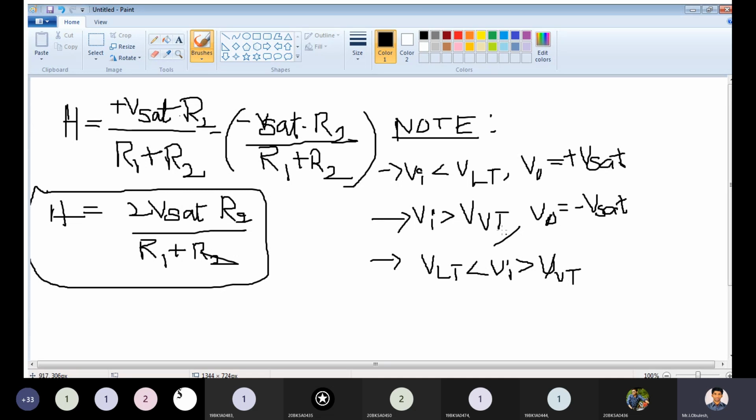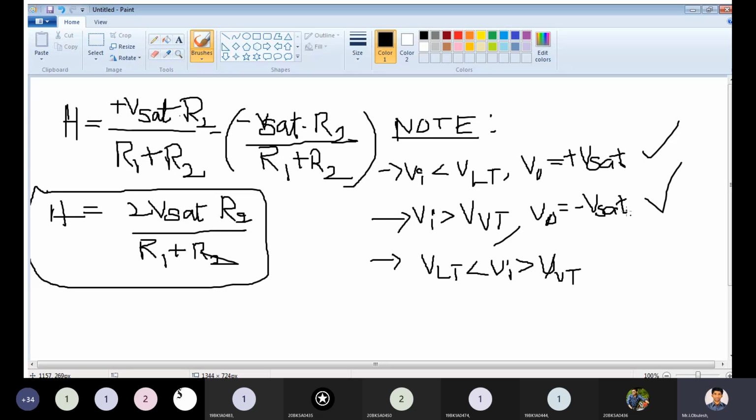You need to combine the above two statements. In the first statement we have VI less than VLT, then V0 is equal to plus V saturation. If VI is greater than VUT, then V0 is equal to minus V saturation. The final statement is VLT less than VI less than VUT. Then what is the V0 value?